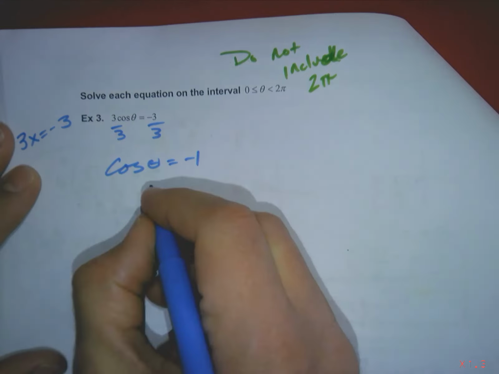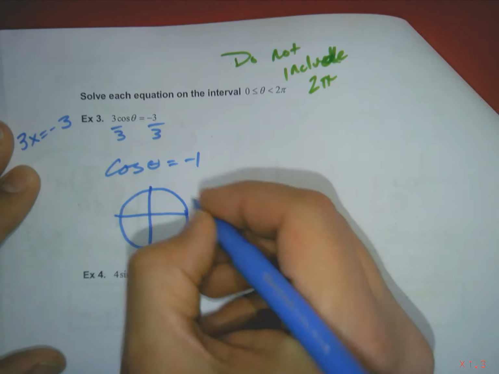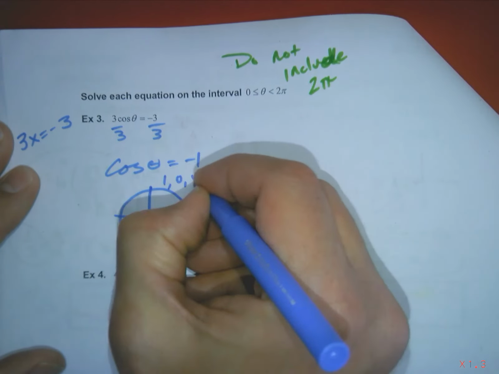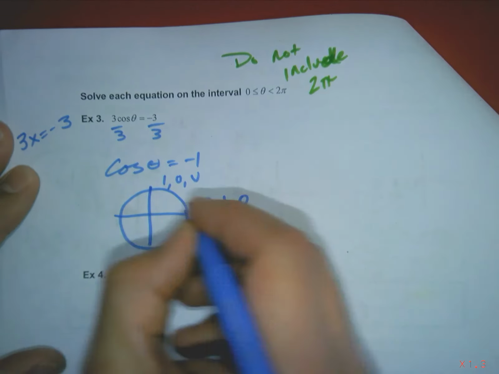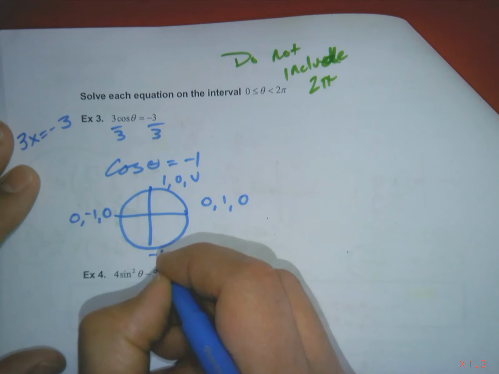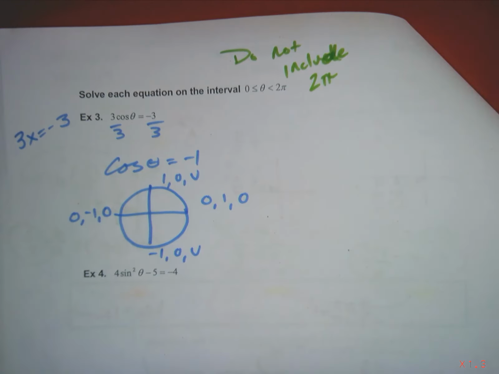So I'll give you my little quadrantal angle cheat sheet here again. 0, 1, 0, IOU. So if that's 0, 1, 0, this one's 0, -1, 0, and this is negative IOU. Again, I is a 1 and U is undefined.